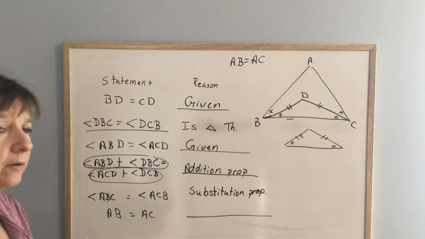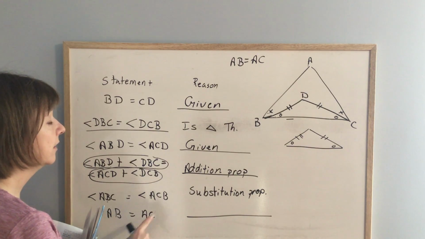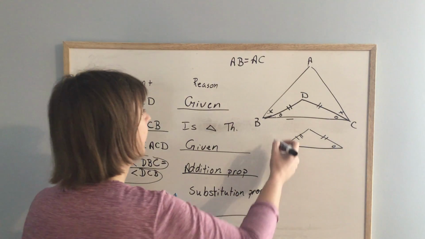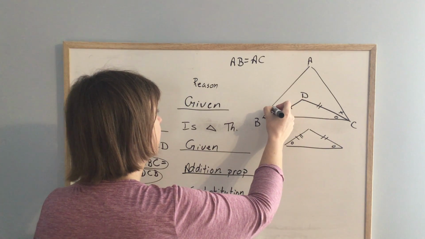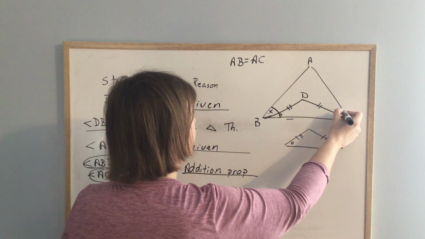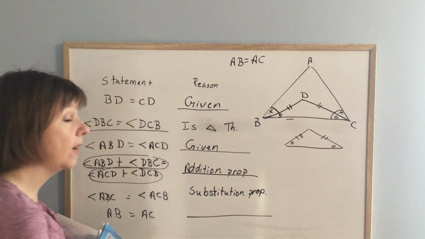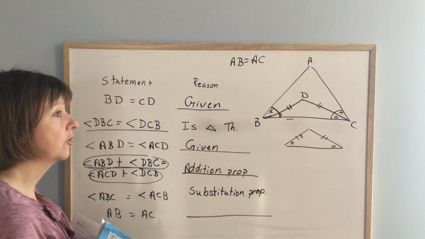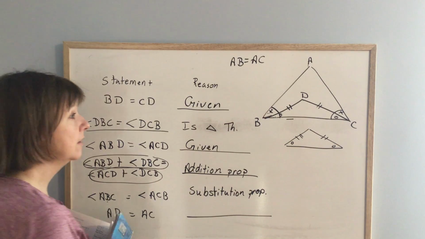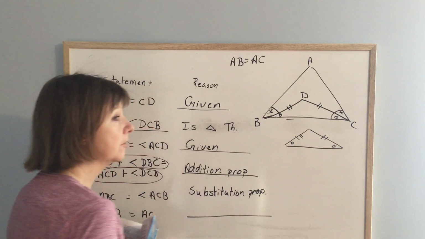Then they say side AB is equal to side AC. Well, if I know this is equal and I know that this is equal, so I know that these two sides of these two angles are the same, this again is the isosceles triangle theorem, because the isosceles triangle theorem says if two opposite sides are equal, then the opposite angles are equal.